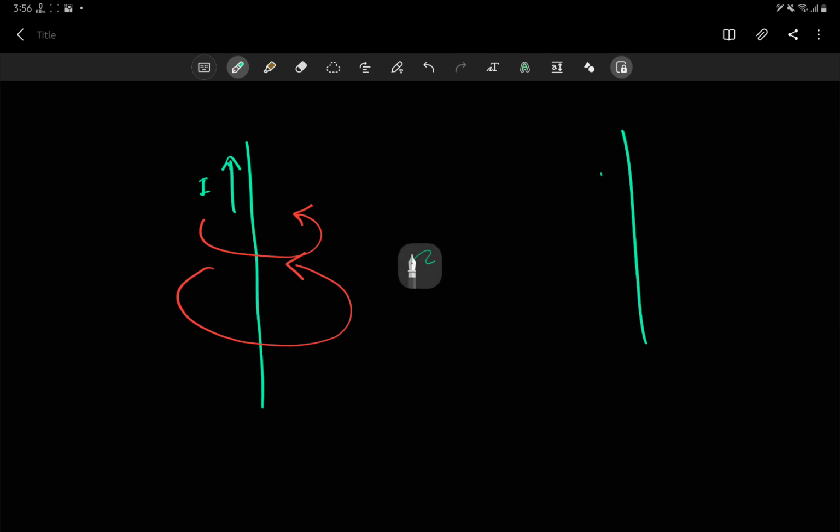And if the current starts moving in the opposite direction, the magnetic field also starts moving in the opposite direction, and this continues. So the magnetic field in AC is not constant like DC, right? The magnetic field is continuously changing.